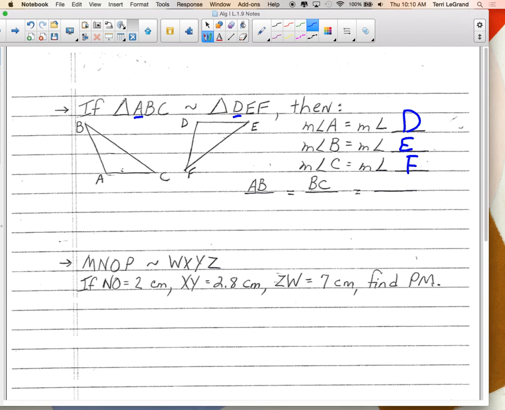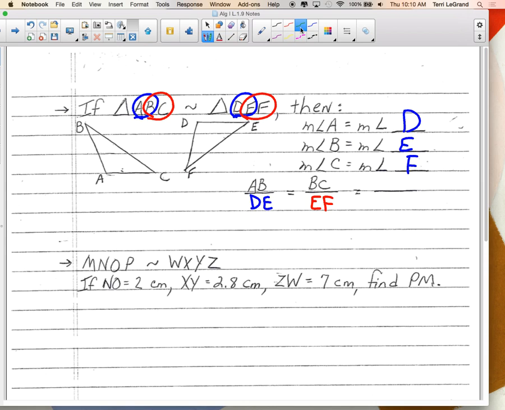Let's set up some corresponding sides now. The length of AB would correspond with the length of DE, because here's AB, so we need DE. The length of BC would correspond with the length of EF, because BC are the last two letters, so we need the last two here, so EF.